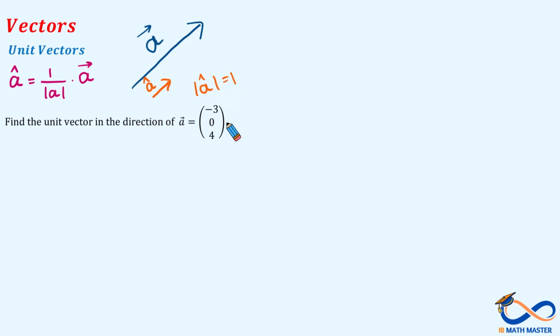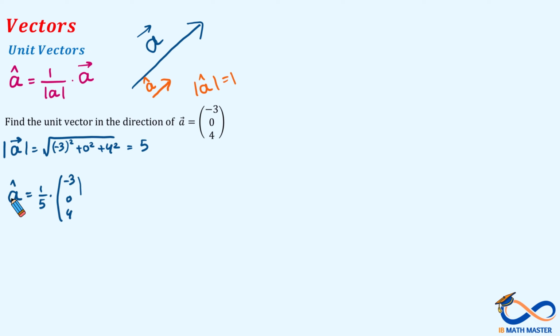Here we have an example. We need to find the unit vector. First, we need to calculate the magnitude of this, which will be under the square root, -3 squared plus 0 squared plus 4 squared, and that will be 5. Therefore, the unit vector of A here will be 1 over 5 multiplied by vector A as it is.